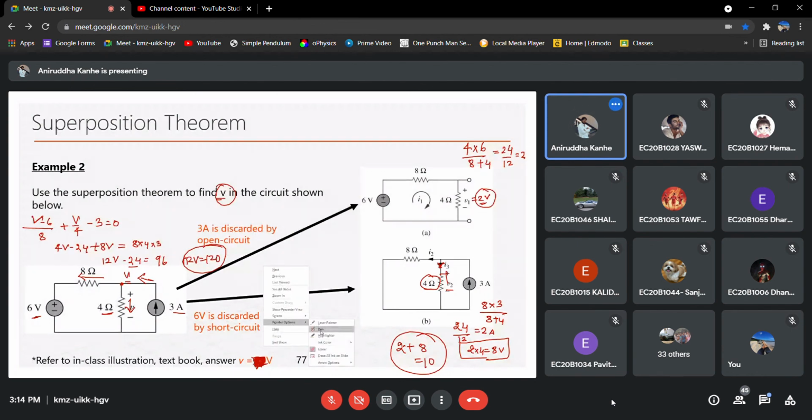That means the voltage is 10. Is that okay? So this is the way by which you can do such calculations using the superposition theorem. Is it fine? Yes, sir.